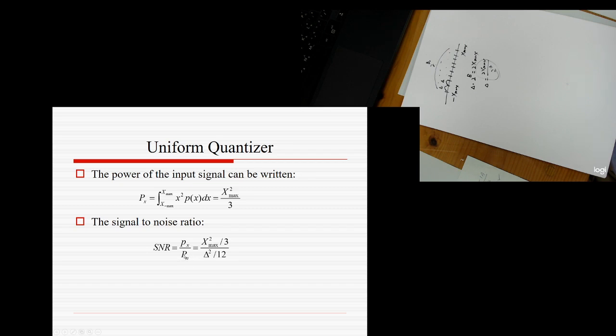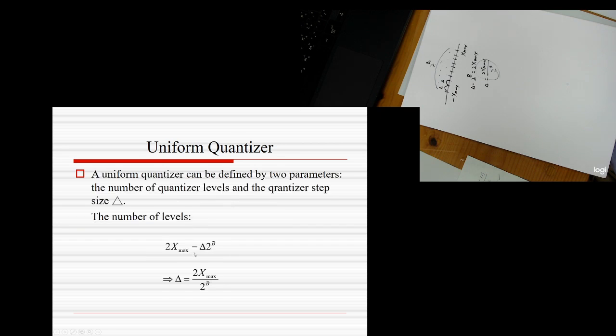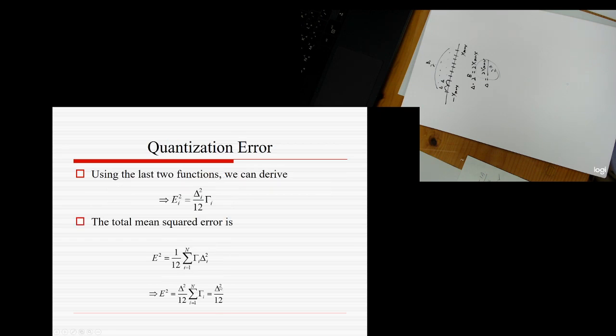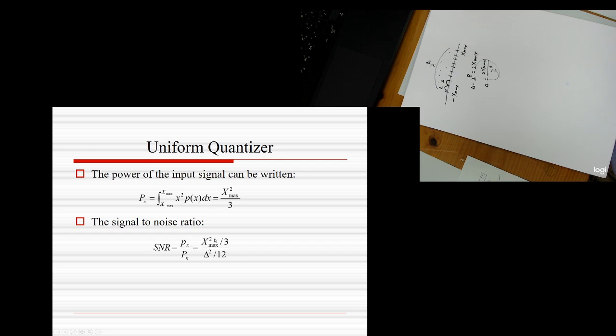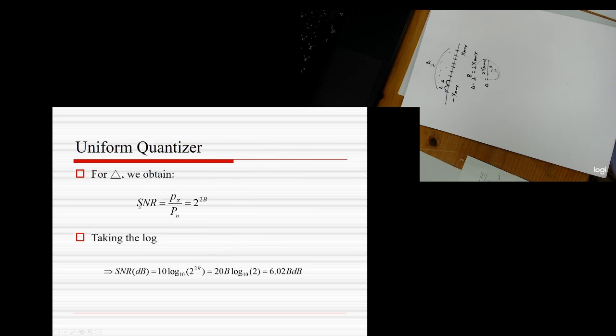So this is what we calculate for the noise. This is our signal power, and this one is our noise power, and then we divide them, so we get the signal to noise ratio related to 2 to the power b. If we take the log scale, because this is an energy ratio, we use 10 log 10.